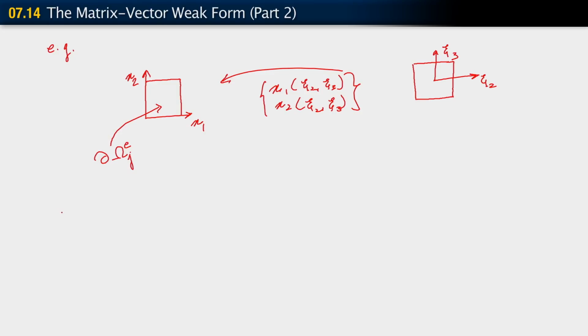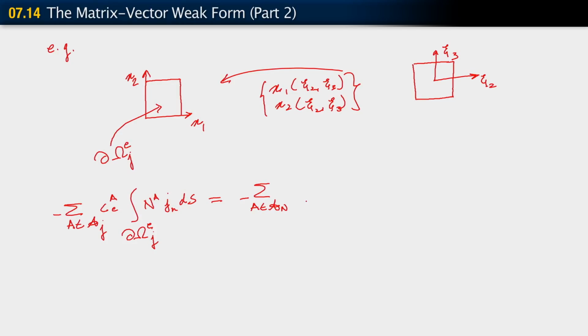We get minus sum a belonging to this set CAE integral partial omega e sub j NA Jn ds equals minus sum a belonging to this set.